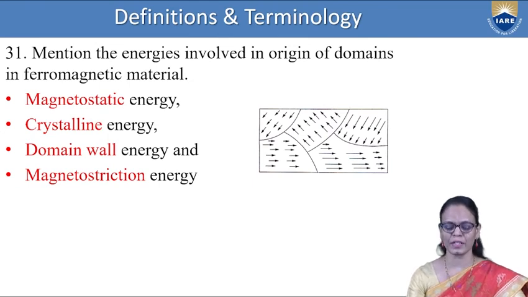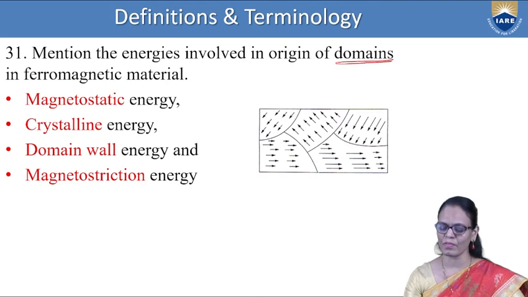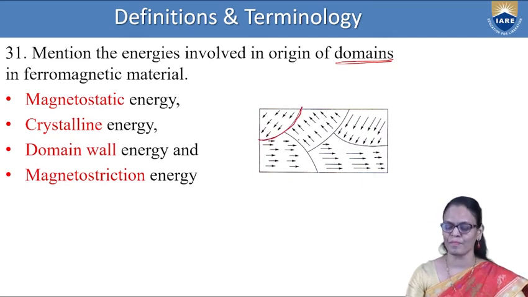Now mention the energies involved in the origin of domains in a ferromagnetic material. The term domain is important here. First, what are domains? Whenever you are talking about a material, different regions are formed which can be easily, spontaneously magnetized. This is one particular domain, and this is another, in a magnetic material.